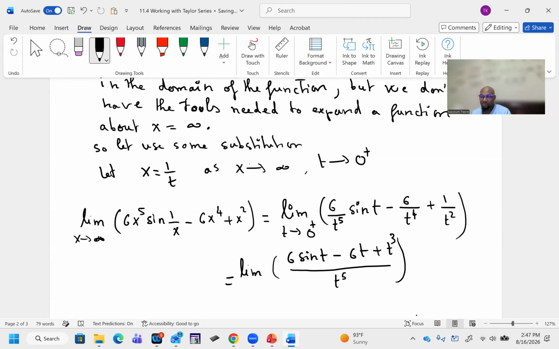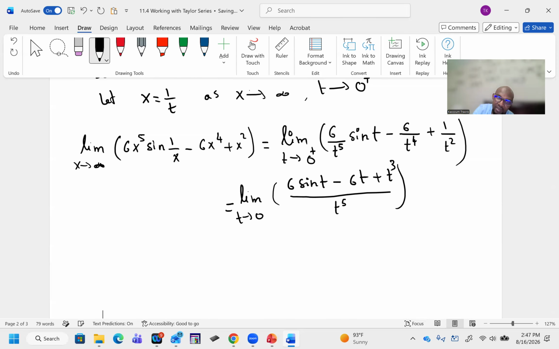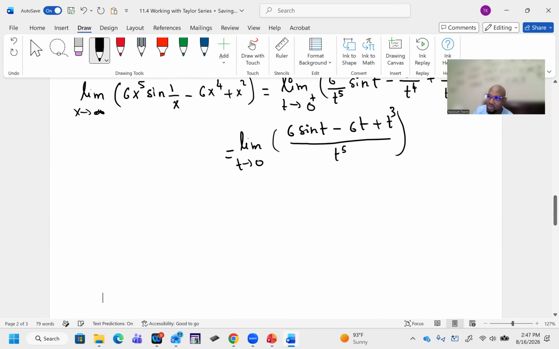If I substitute t approaching 0, we'll have 0 divided by 0, which is an indeterminate form, right? So we now expand using the Taylor series again, using the table given to you.